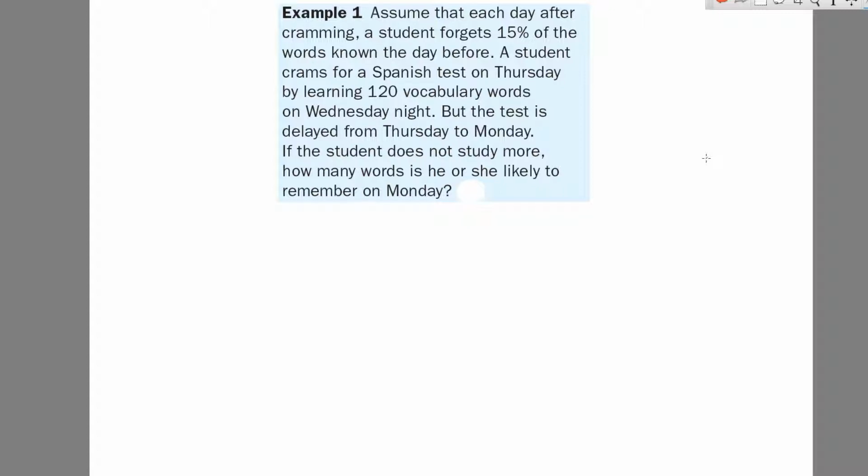Well, what's our starting words? That's 120. We've got 120 words to start. And what's our rate of forgetting? They forget 15% of the words each day. So how many do they remember each day is the number we need. And if 15% are lost, then 85% are retained. So 0.85 is our retention rate.